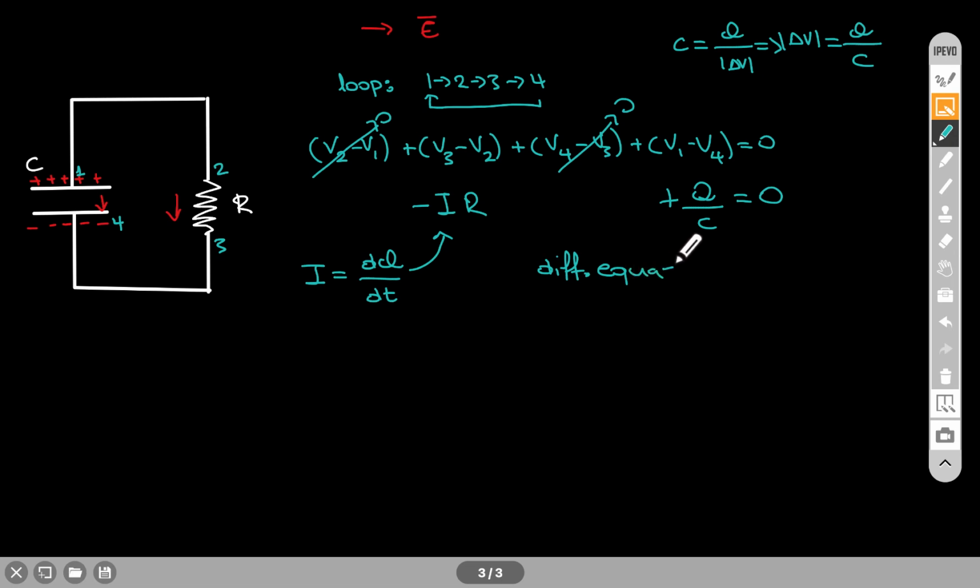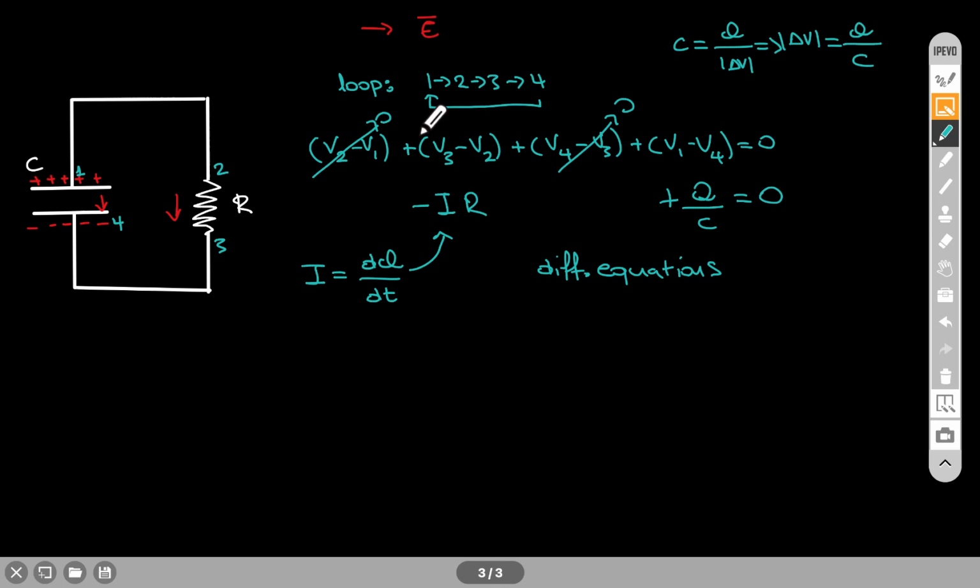And solving differential equations is beyond the scope of an introductory physics class, so I'm gonna skip the math where we solve the differential equation and I will tell you what the result is. But it is important for you to understand that those equations are not obtained by magic.